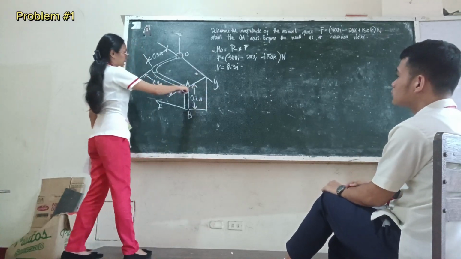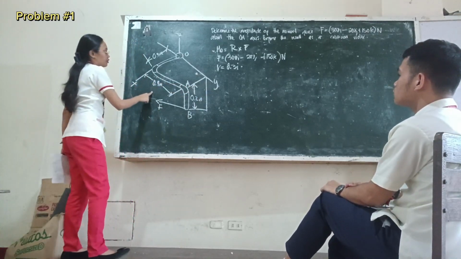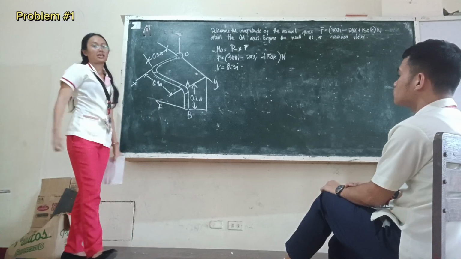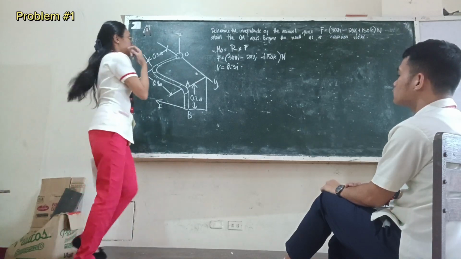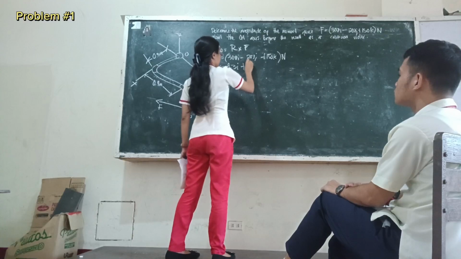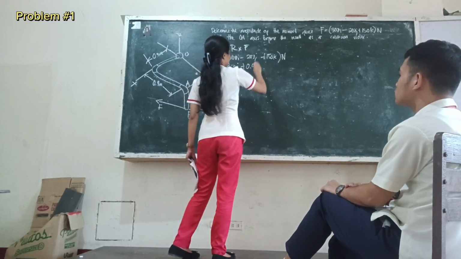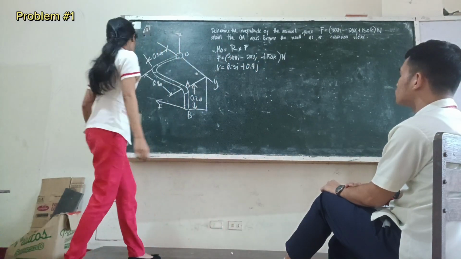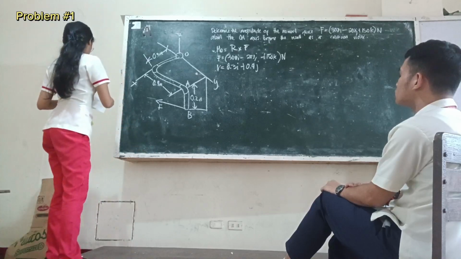And this one illustrates that 0.4 is in the positive direction. So 0.3i plus 0.4j.